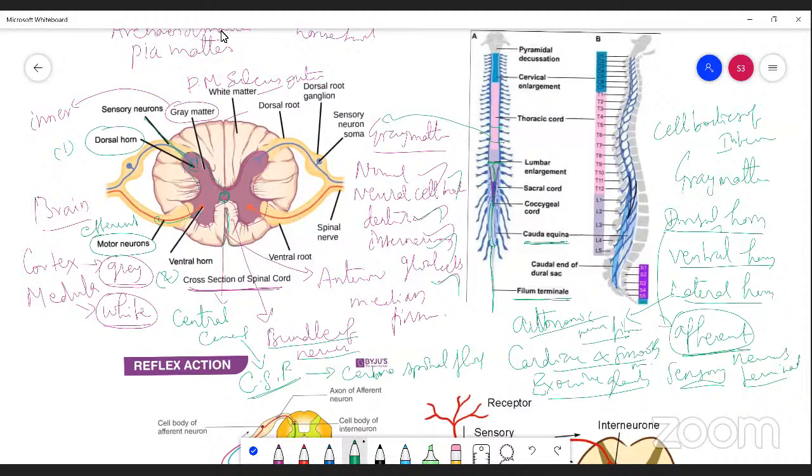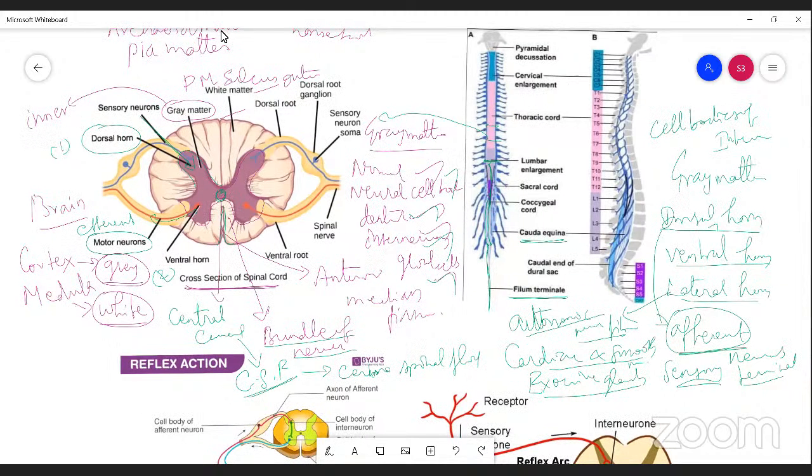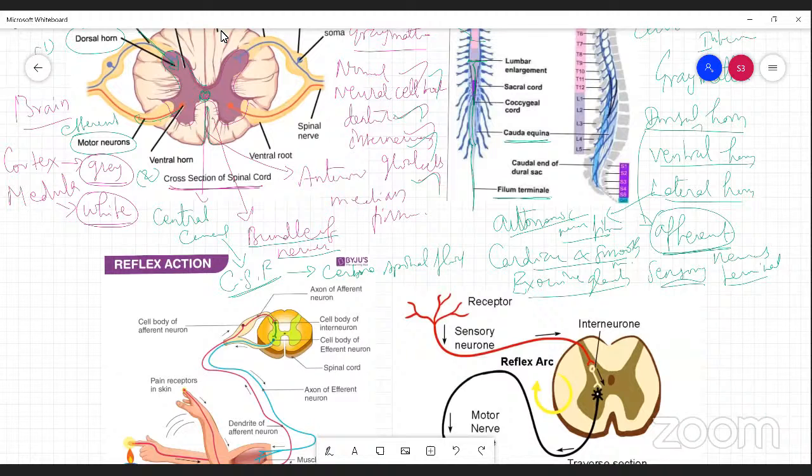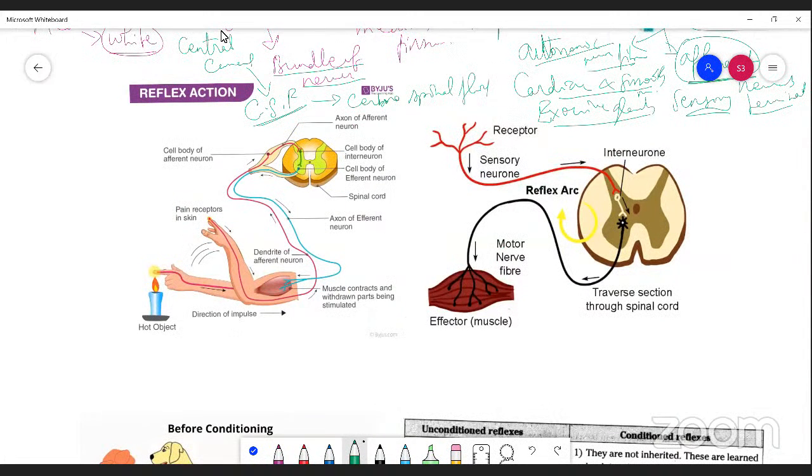So now, next one: ascending tract and descending tract. I already told you there are two types of neuron, sensory neuron and motor neuron. What is meant by sensory neuron?